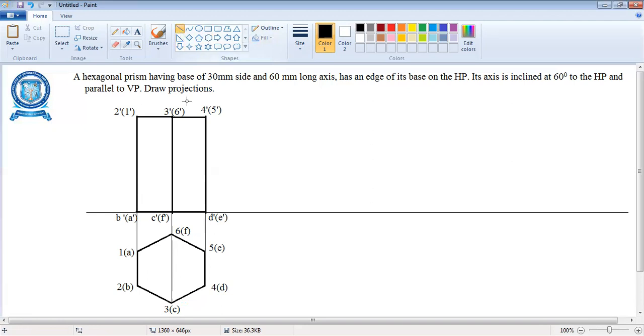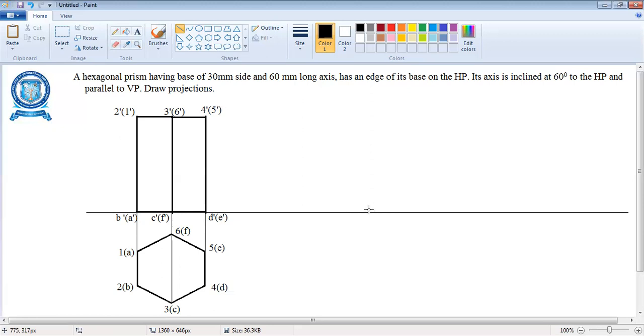The inclined position will be clearly seen in the front view only. So we have to incline this rectangular part in the front view at 60 degrees.